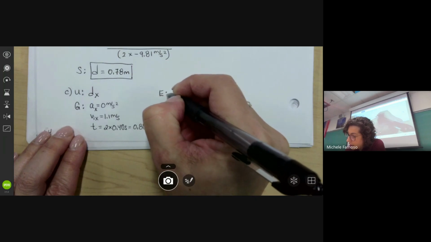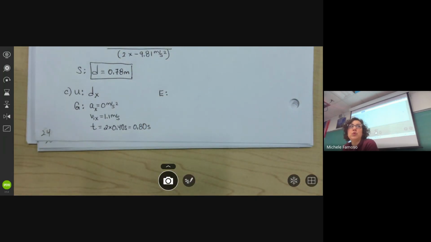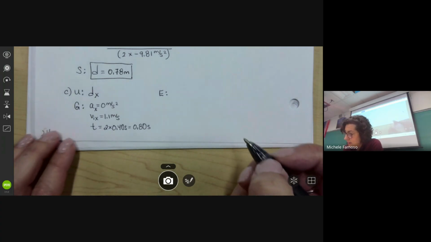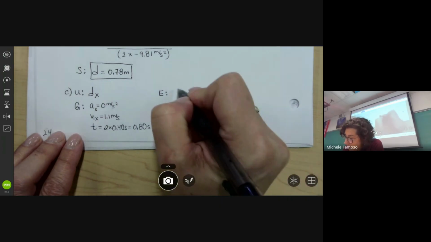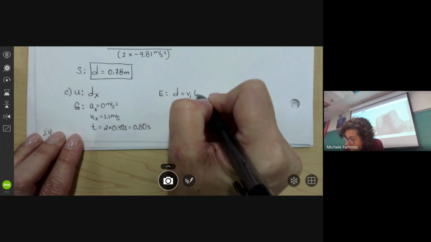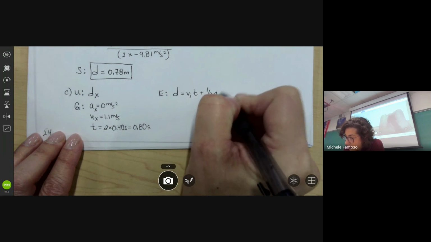What equation can we use to get the range? Shelley, can you help me out with an equation that would have the D, the A, the VI, and the T, please? That is correct.